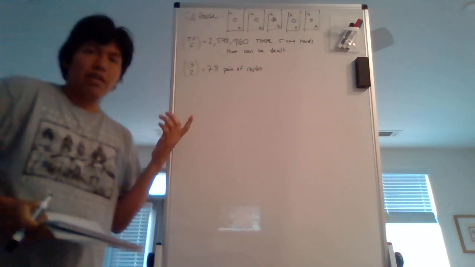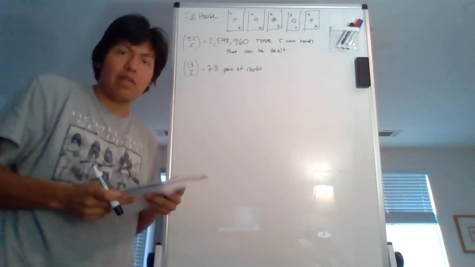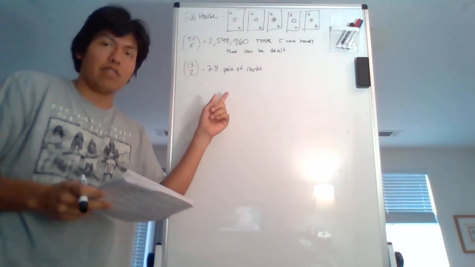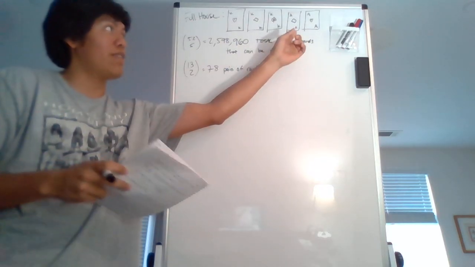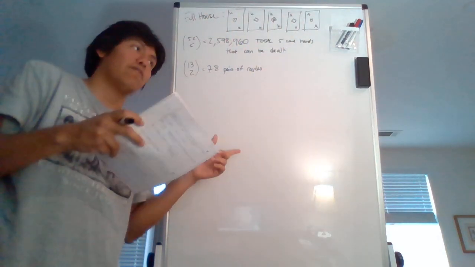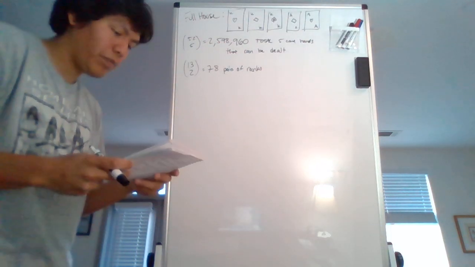Right? I hope you guys can still see that. It's getting dark. Okay. So, yeah, there's 78 pairs of ranks. So, you know, like here, you have the ace of diamonds, you have the ace of hearts, or the ace of diamonds, the ace of spades, the 2 of hearts, the 2 of diamonds, like that.